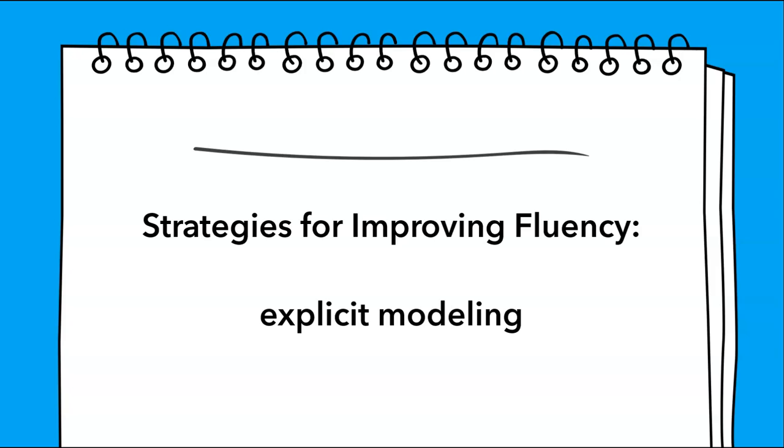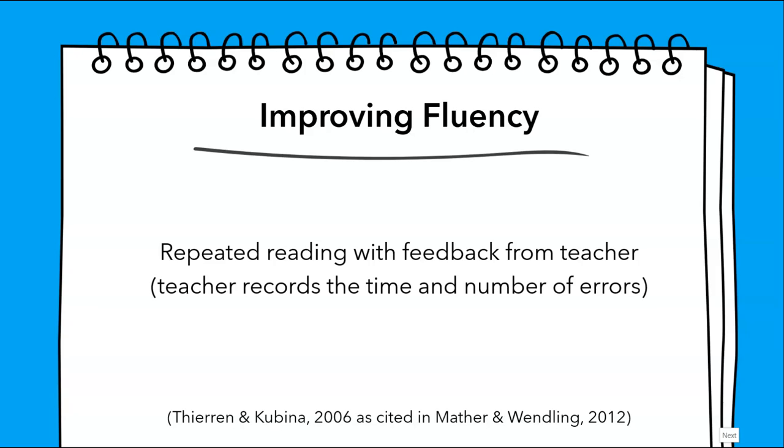Repeated reading with feedback is a process in which the student reads a short passage multiple times while the teacher records the number of errors that were made and the time it took for the student to read the passage. Students are able to monitor their progress as the teacher records the information. This can help them to pay more attention to the words that they may be struggling with and give them multiple opportunities to read the passage correctly.